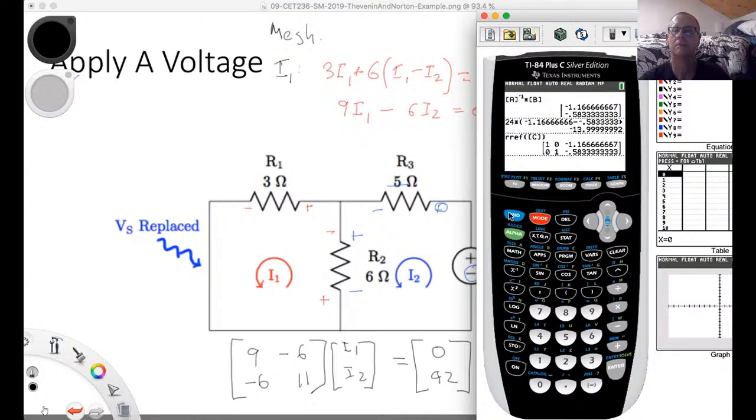So let's just go back up and see if we can redo that, and see what that gives us. Right, so we get a 4 and a 6 for our I1 and I2. And that means that I2 is 6 amps. And that's our short circuit current.